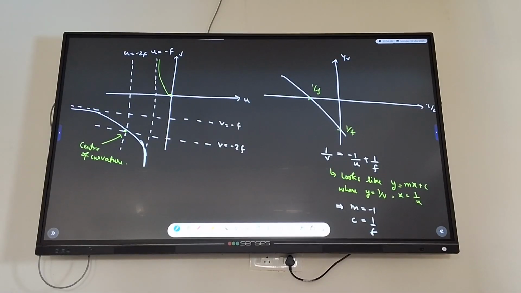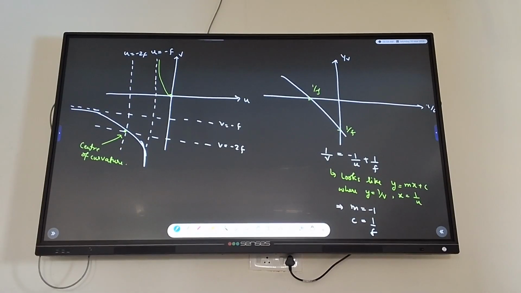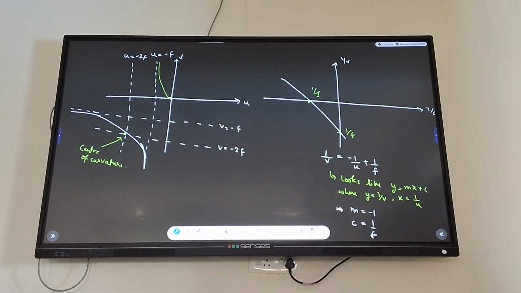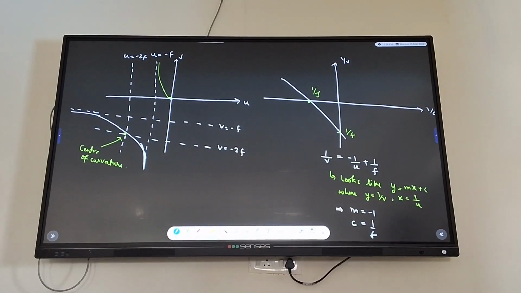That's negative infinity, yes. X or Y coordinates. I'll show it tomorrow then, the convex mirror.